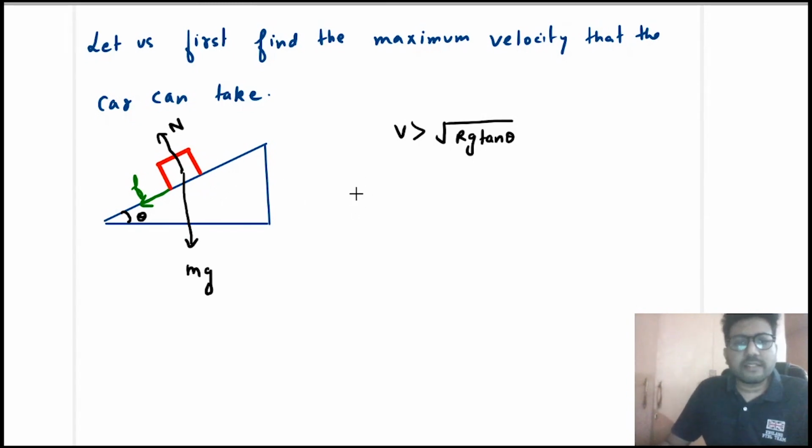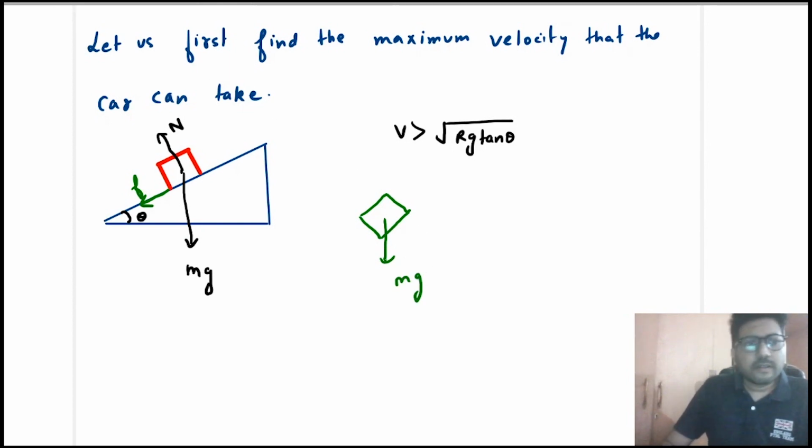So now let us resolve the forces into components vertical and horizontal. If you draw the FBD of this car, you will get a downward vertical force. Now if this angle is theta, this angle is also theta and this angle is also theta. So you will get the component of normal along the vertical as N cos theta and along the horizontal as N sin theta.